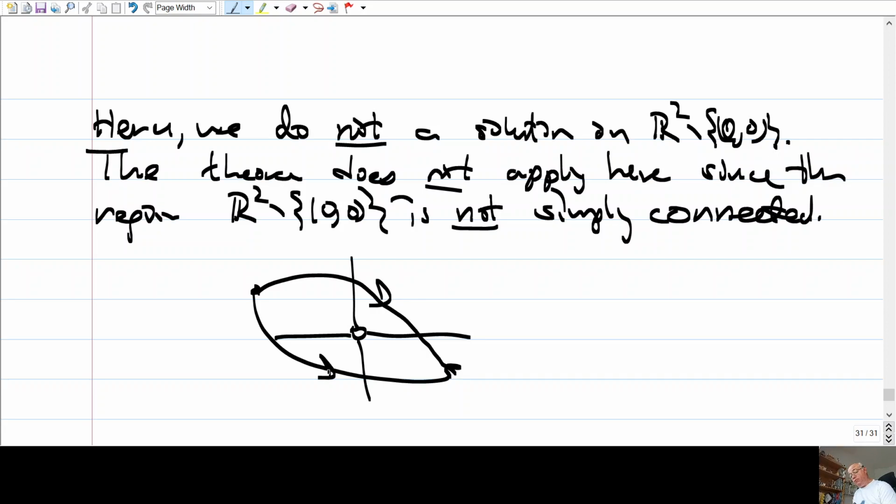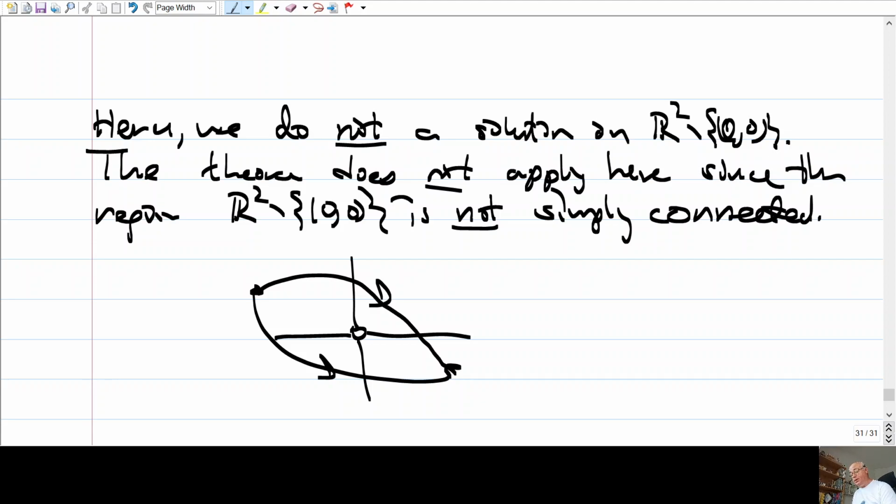I cannot deform this path to this path, because if you try to do so, you have to pass through the origin, but origin is not in your domain. Therefore, there are essentially more than one ways of connecting these 2 points. Therefore, it is not simply connected.